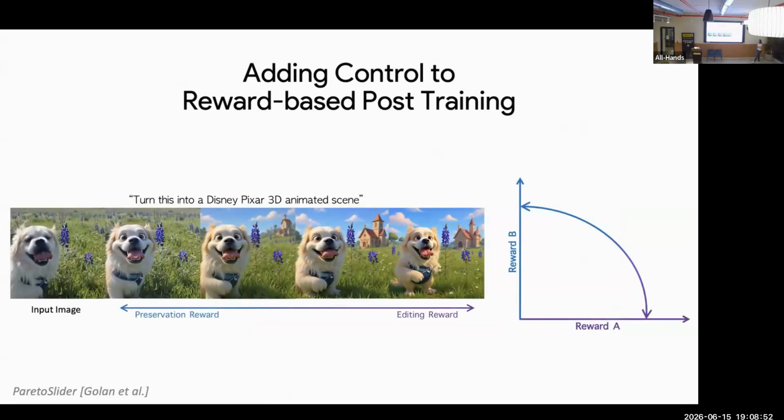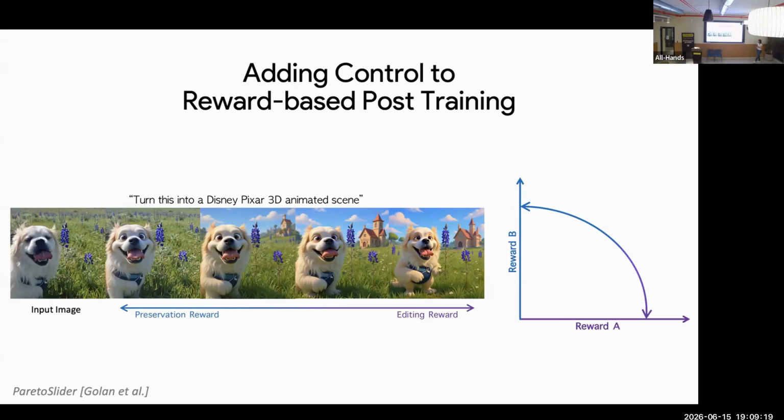So in the next work that I'm going to talk about, we looked at this task of controlling the editing strength as navigating on the trade-off between preservation and editing. And specifically, recently there are many methods for post-training diffusion models with some objective, which is quantified by a reward.